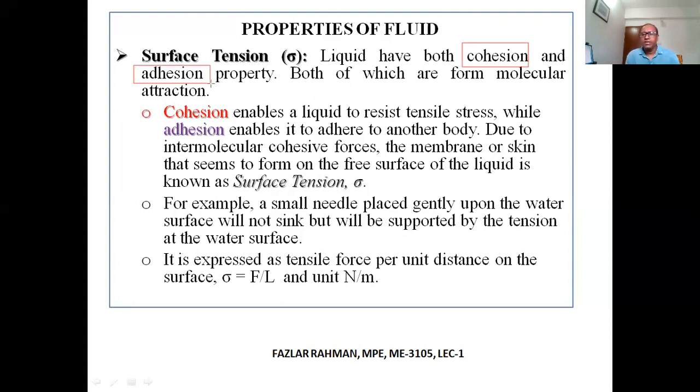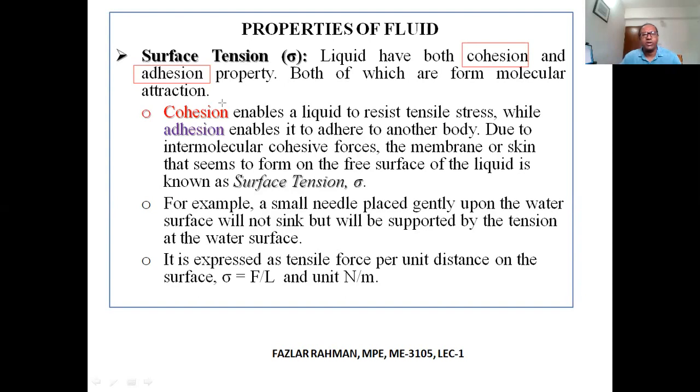So if all the liquid molecules have a tendency to stay together, that property we call cohesion. And if they don't stay together, but like to adhere, meaning stick to something else, that property is called adhesion. Both are molecular attractions.